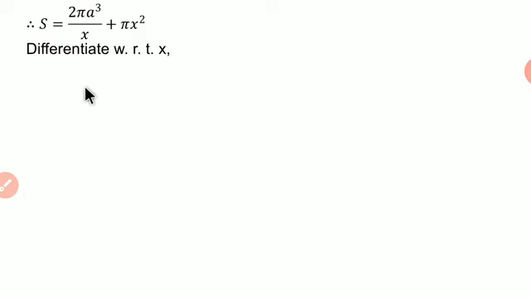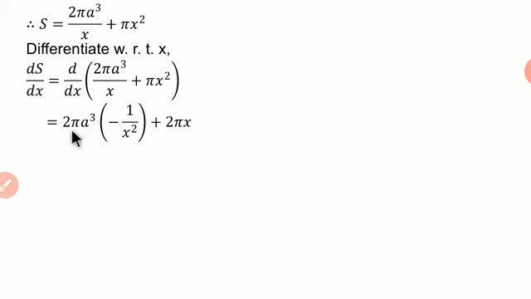Now differentiate with respect to x, we get ds upon dx is equal to d by dx of 2 pi a cube upon x plus pi x square. Here 2 pi a cube is constant, so the derivative is 2 pi a cube multiplied by minus 1 upon x square plus 2 pi x. It is equal to minus 2 pi a cube upon x square plus 2 pi x.